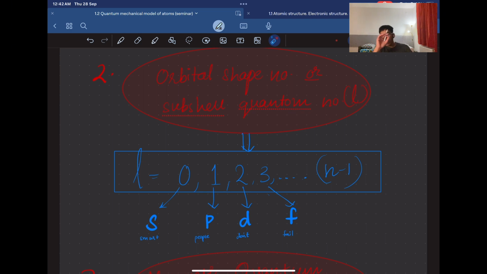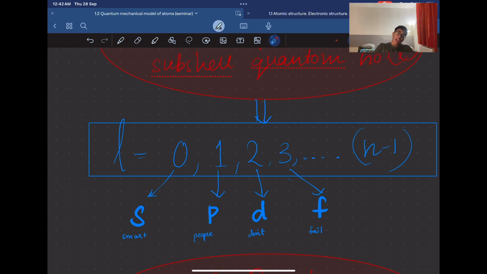Now, each number on l represents a shape of an orbital. And how I remember this is I use this mnemonic: Smart people don't fail, and we're smart. We ain't gonna fail. Fives only, gang. So I write SPDF, and then I just write 0, 1, 2, 3.